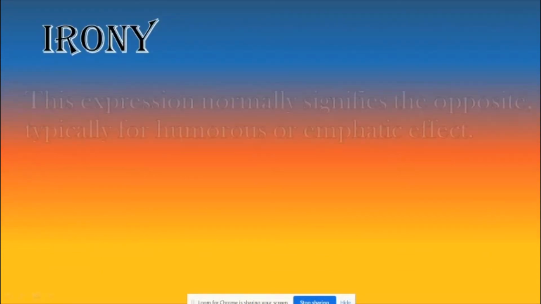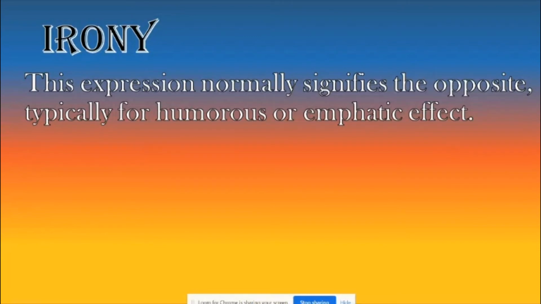Next, we have irony. This expression normally signifies the opposite, typically for a humorous or emphatic effect. So irony can be connected to sarcasm, since sarcasm is verbal irony, because there are 3 types of irony. We have situational irony, dramatic irony, and verbal irony.